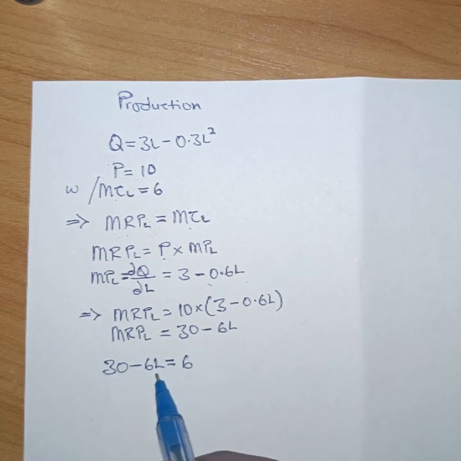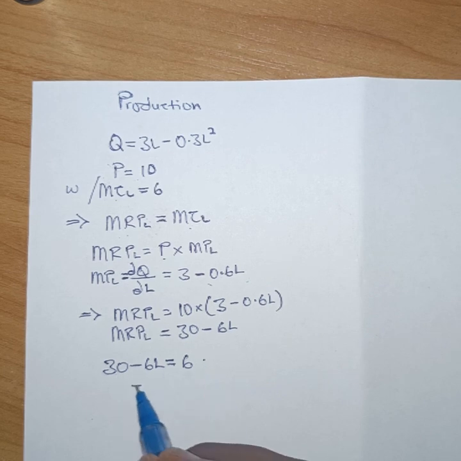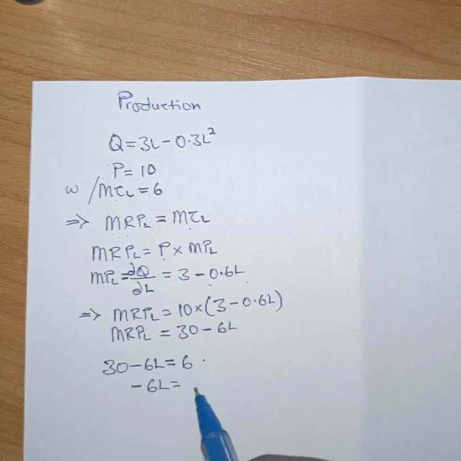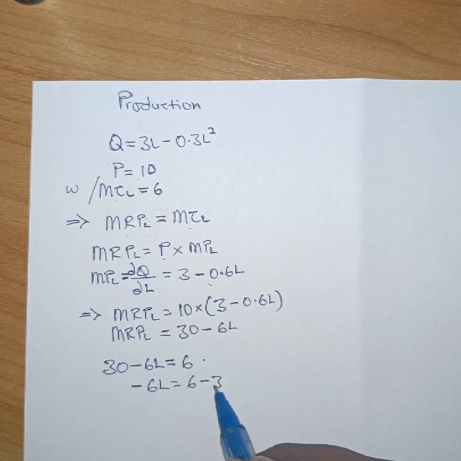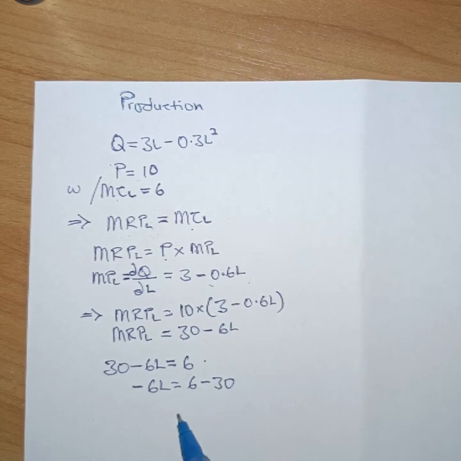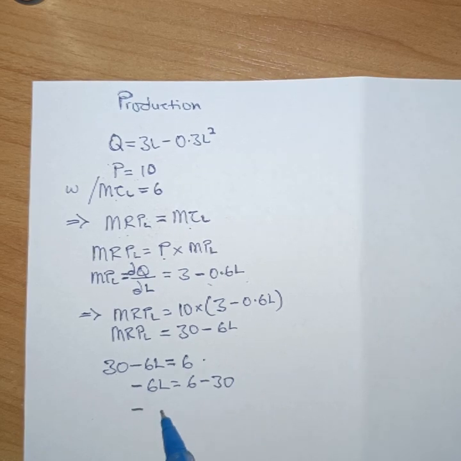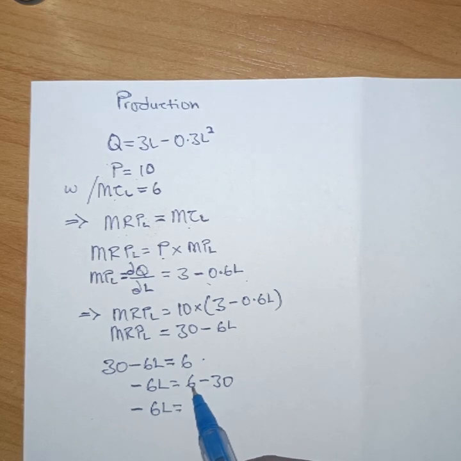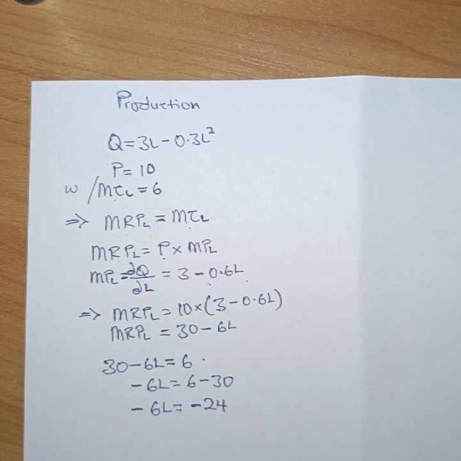So we want to find L. So we do change of subject. We bring this 30 here, so it becomes negative 6L equals 6 minus 30, right? So negative 6L equals, if you subtract 30 from 6, negative 24, right? Now we divide both sides by negative 6.